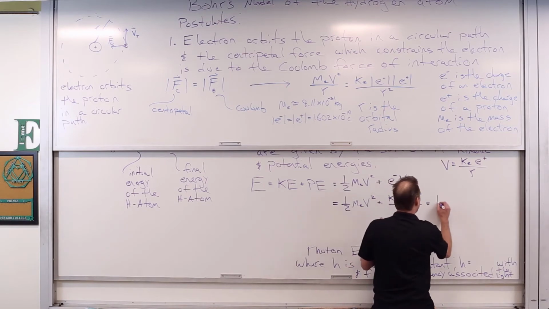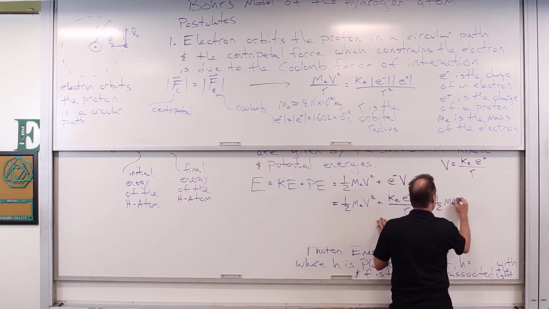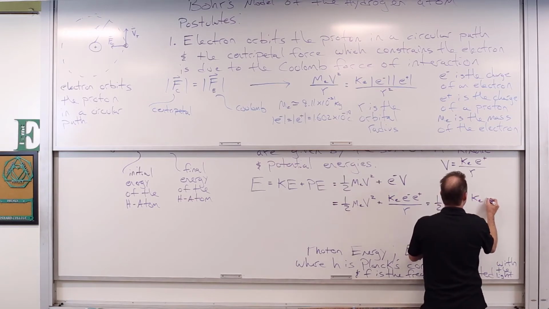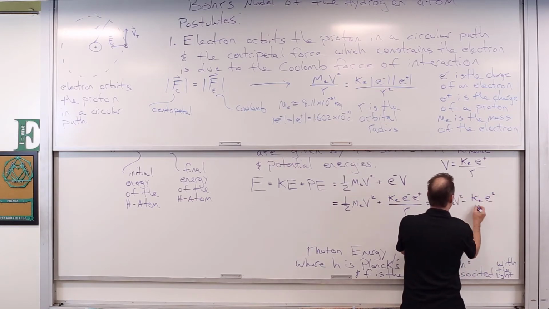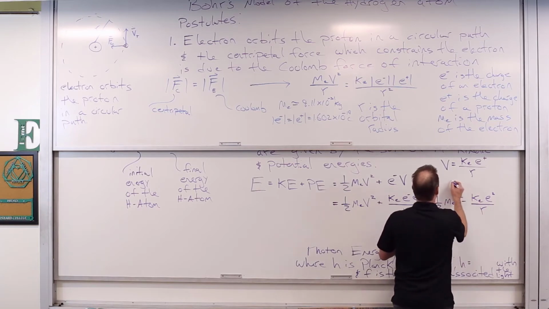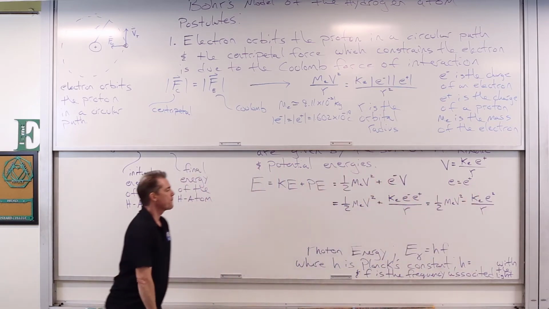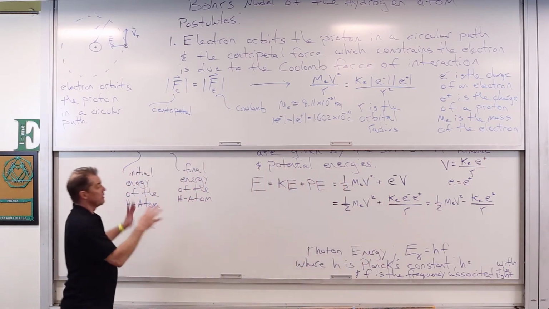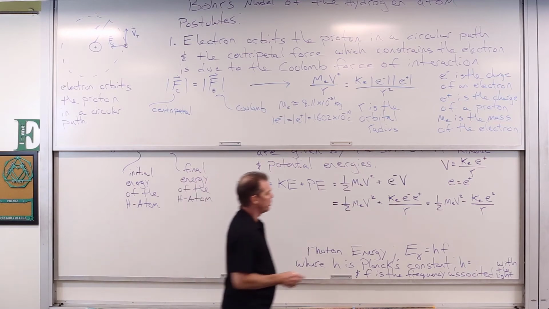So this can be written as one half m sub e v squared minus k sub e e squared divided by r, where e is the charge of the proton. So there it is in terms of the kinetic and potential energies.